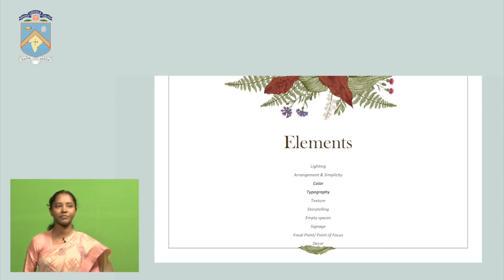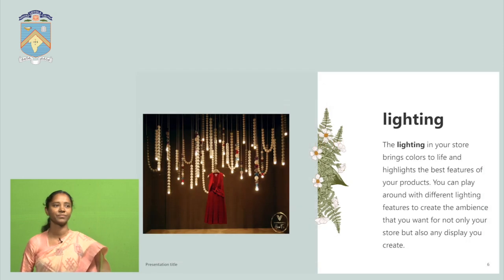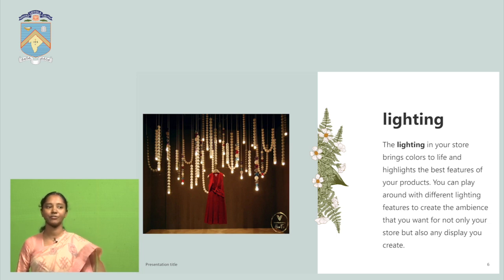Coming to the first and most important element, lighting. The lighting in your store brings color to life and highlights the best features of your product. You can play around with different lighting features to create the ambience that you want, not only in your store but also in any display you create. Why?